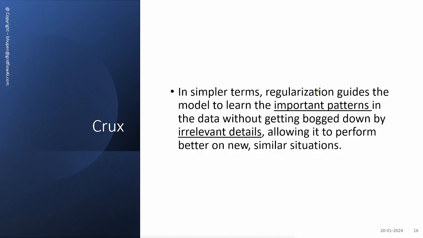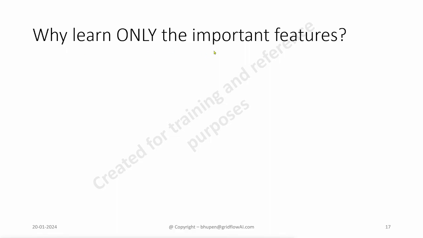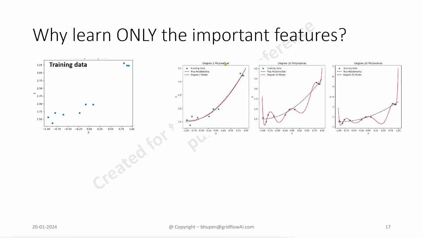So essentially, what we are saying is regularization enables the model to learn important features in the data without really worrying about all the noises and outliers and all the data points. So why should we only learn important features? This should be very obvious. Let's look at this simple data again. And I'm training three models with polynomials of degree 2, degree 10, and degree 20.